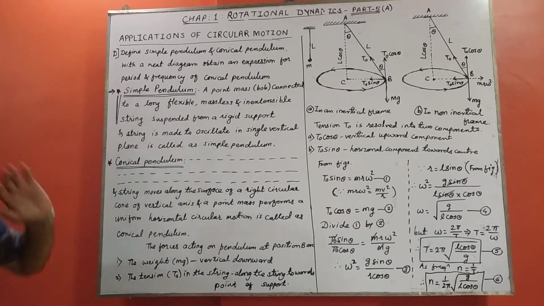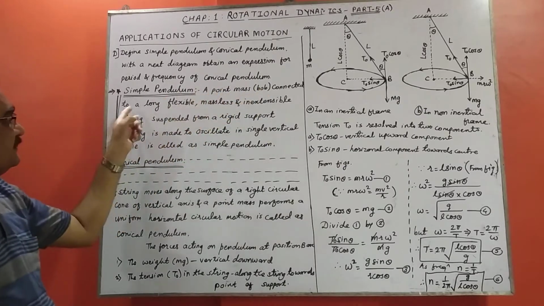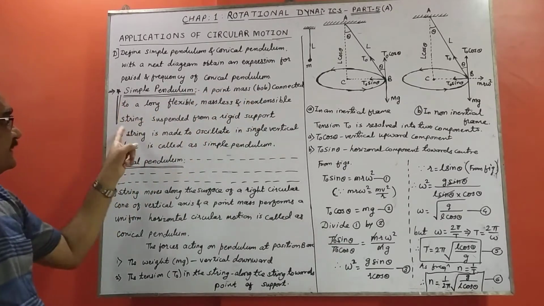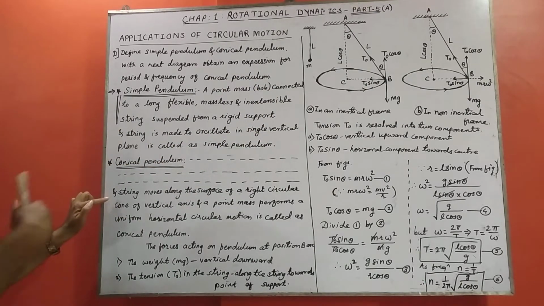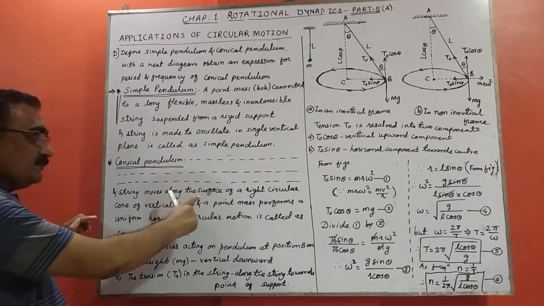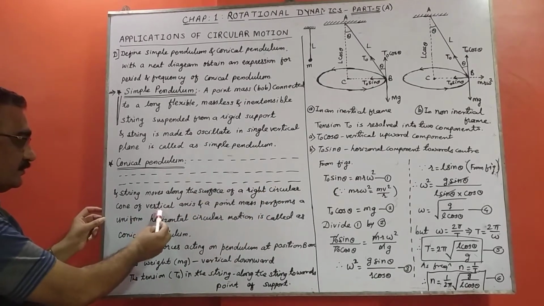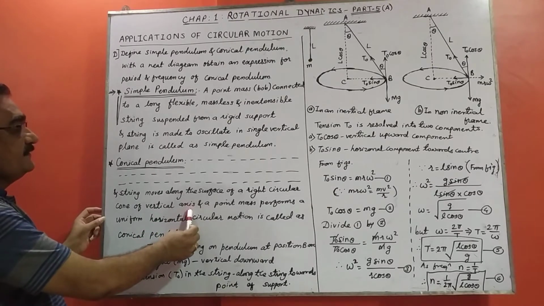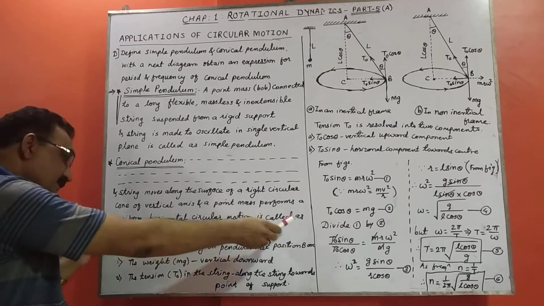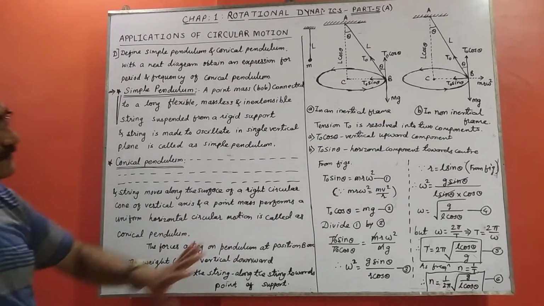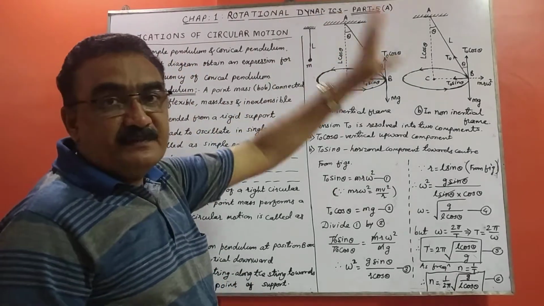The three lines are very simple because we copy them directly: a point mass connected to a long, flexible, massless and inextensible string suspended from a rigid support. Then from this they will change some: the string moves along the surface of a right circular cone of vertical axis, and a point mass performs uniform horizontal circular motion, is called a conical pendulum. So from the diagram we can see how the conical pendulum is.